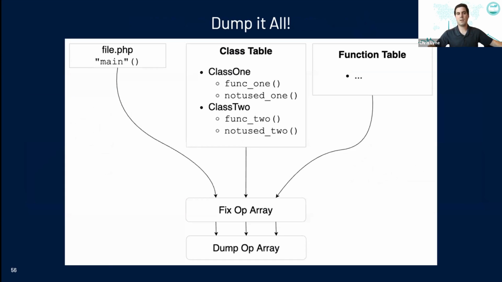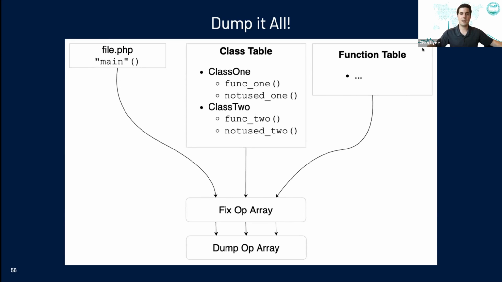So in order to dump it all, I had to tap into the class table and the function table. Like we saw before, I have that fix op array routine, which would fix the main. And then I would have to tap into the class table, which contains class 1, class 2, and all their functions.